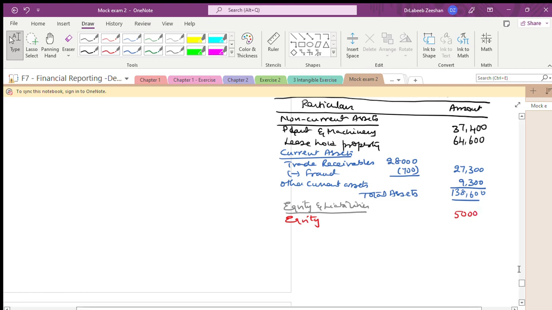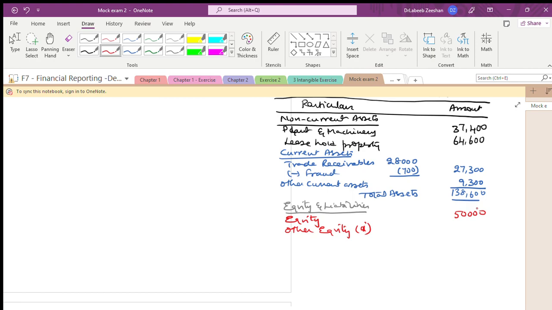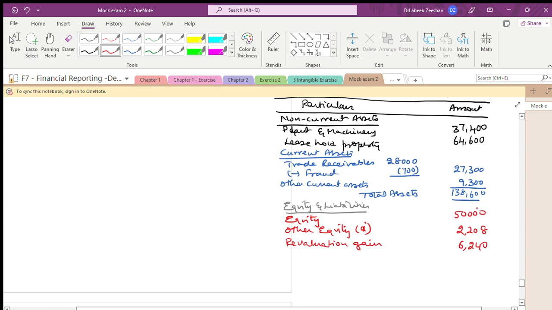Equity is 50,000. Other equity, point number 1, is 2,208. You have a revaluation gain. How much is the revaluation gain? 6,240. You have retained earnings closing balance.